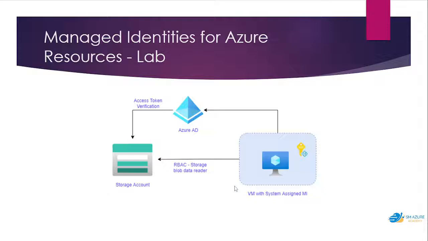We will provide an RBAC role, storage blob data reader role, for the VM to the storage account to access the data. And we'll execute a simple .NET program inside the virtual machine that will get the access token from Azure AD to gain access to the storage account to download the blob txt file into the virtual machine.